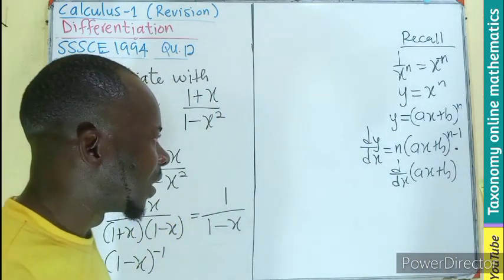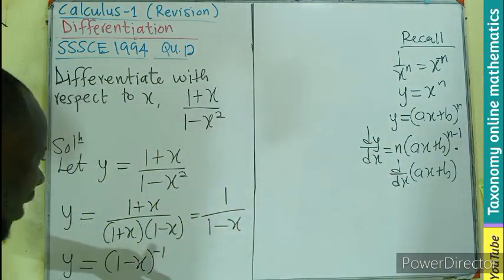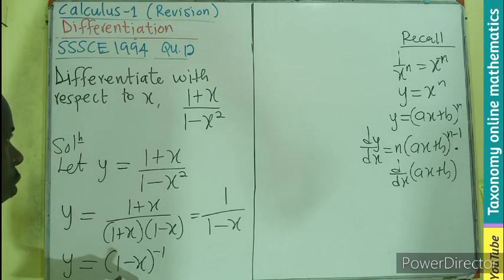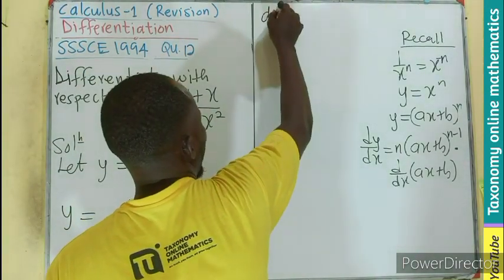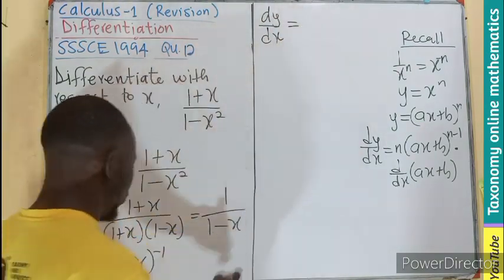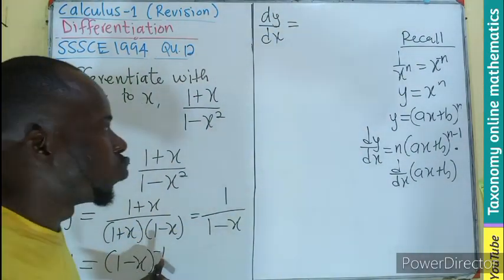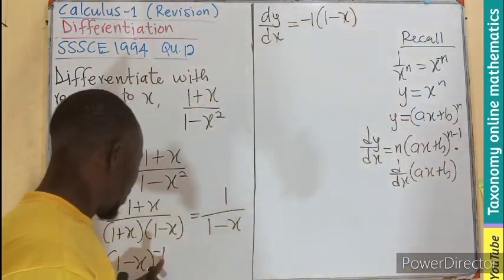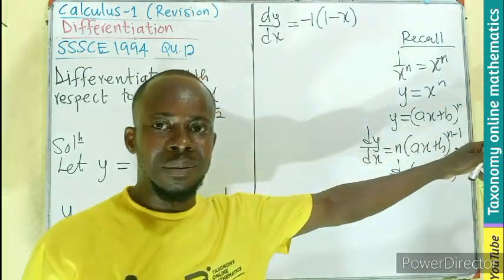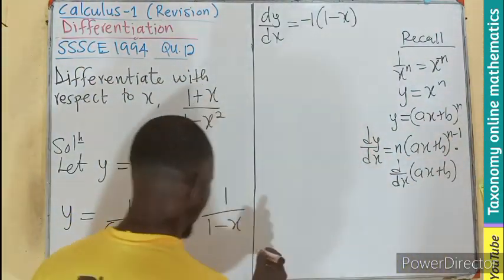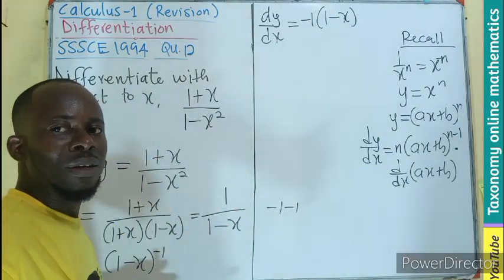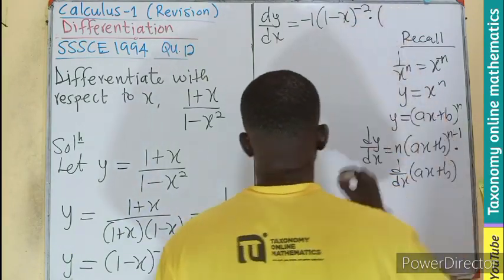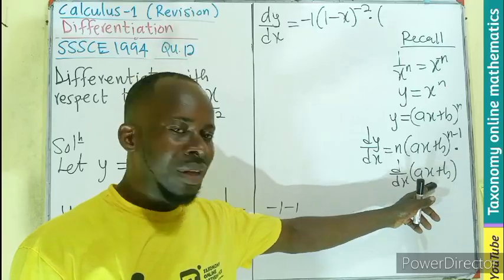We follow the same concept. Our dy/dx will be the n, which is minus 1, coming forward to multiply 1 minus x. Then we subtract 1 from the power: minus 1 minus 1 gives a minus 2. So we have minus 2 times, then go into the bracket and differentiate.